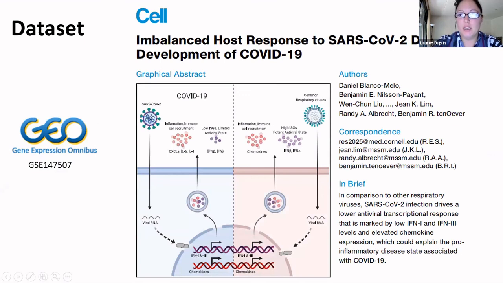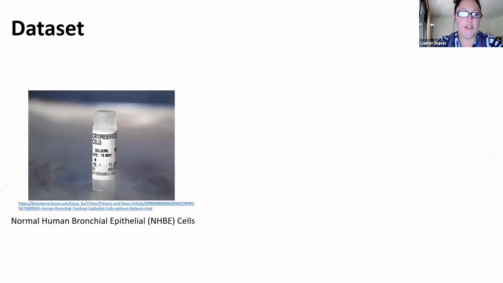The data set that we're going to be working with is from GEO. The number there, if you wanted to look it up, is from this paper: the imbalanced host response to SARS-CoV-2 drives development of COVID-19. This data set comes from normal human bronchial epithelial cells, NHBE cells.